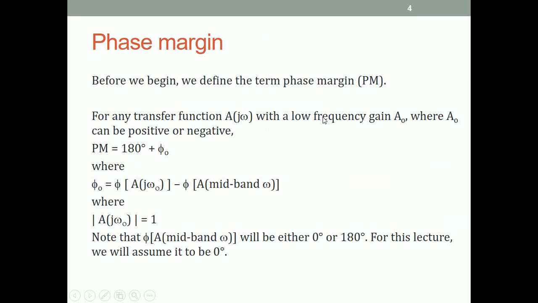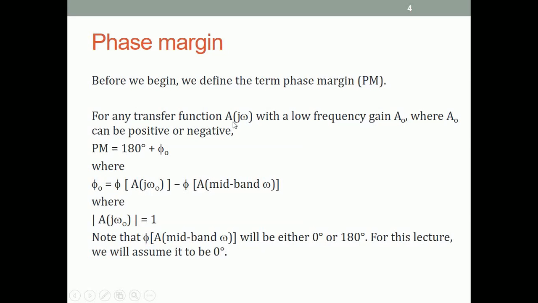Alright, let us think about it. So before we begin our discussion, let us define the term phase margin. Alright, phase margin of a transfer function A. By the way, I am using A consistently as an open loop gain.